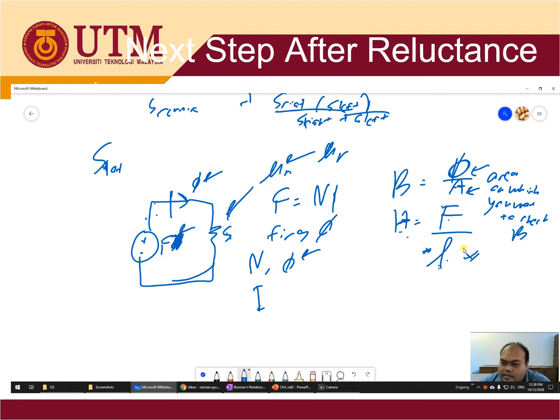Based on this, you have to memorize this also. So that is how you solve the magnetic circuit.